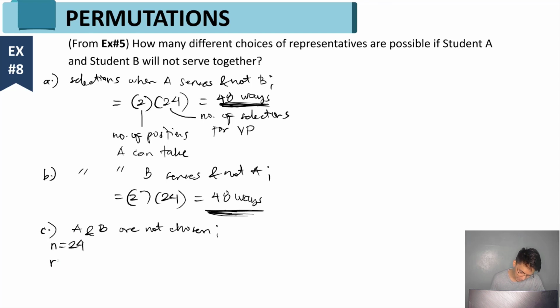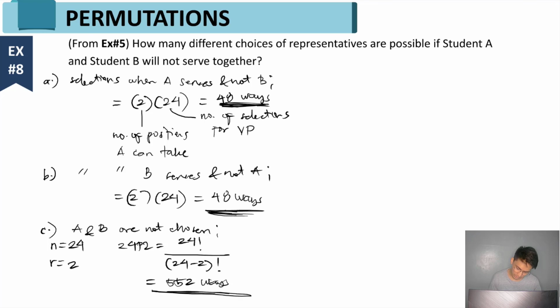And same pa din na R, we have two officers. This is 24P2 is equal to 24 factorial over 24 minus 2 quantity factorial. This is now 552 ways.